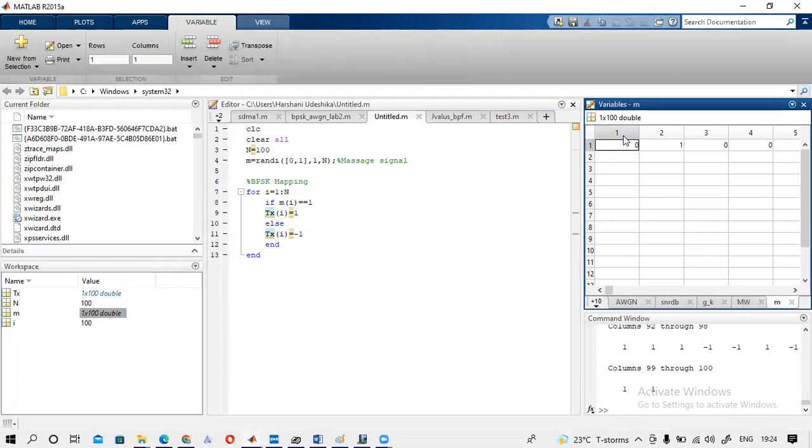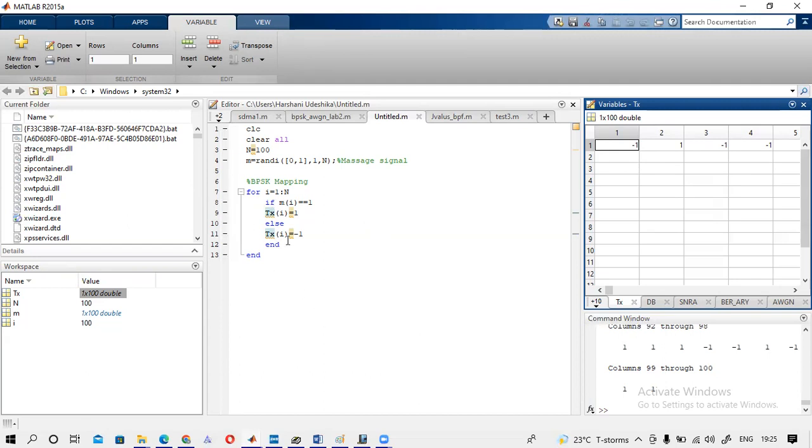We have a 100-bit random sequence: 0 1 0 0, and so on. In BPSK mapping, I map this 0 to -1, this 1 to 1, 0 to -1. So tx should be -1 1 -1 -1, and so on. So this will be our transmitted signal.